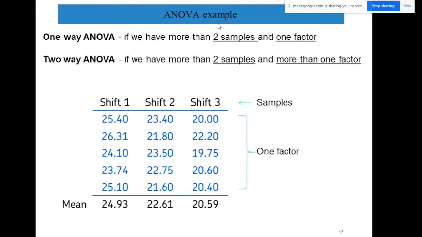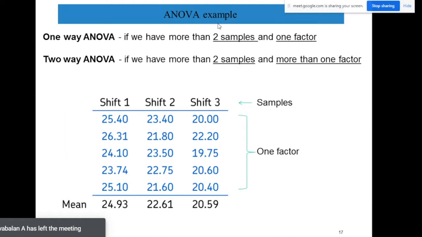In this example, shift is a factor, and shift 1, shift 2, shift 3 are the levels. Suppose we have only 2 shifts and want to compare the data, here we will use a 2 sample t-test. But as we have 3 levels, we have to use ANOVA, analysis of variance.